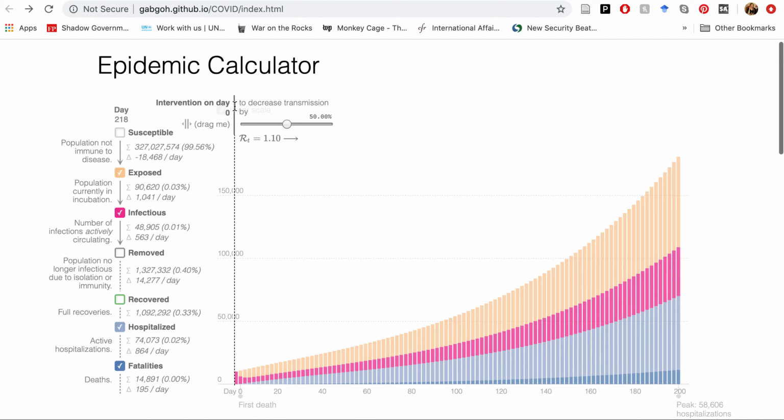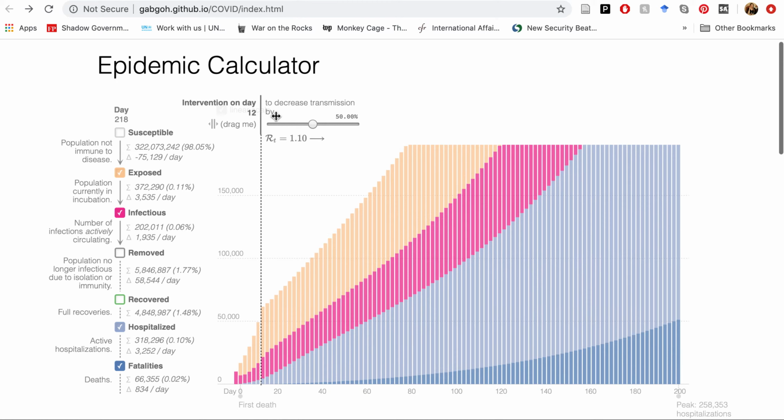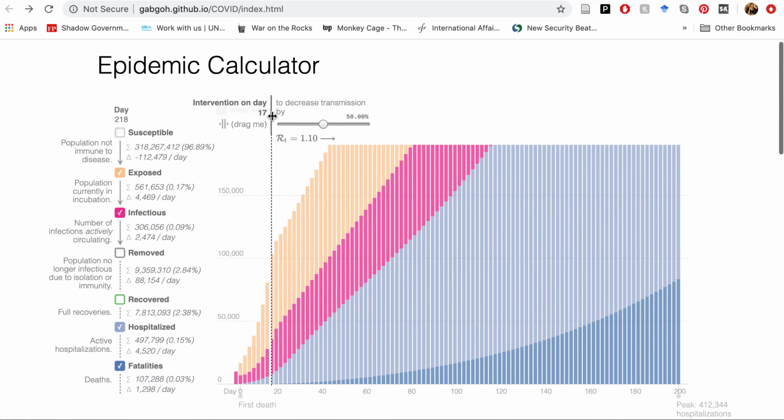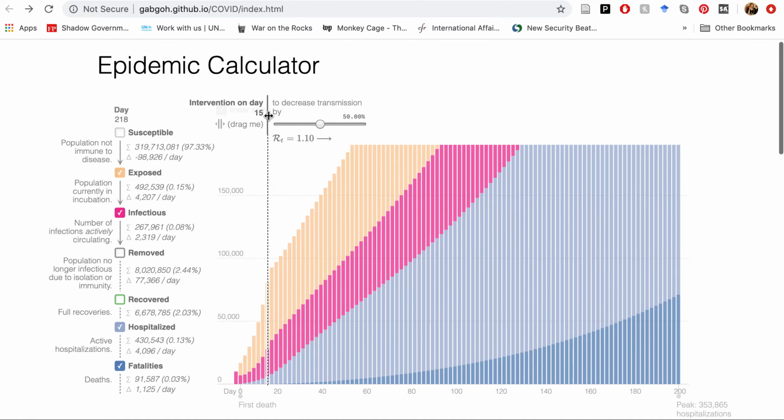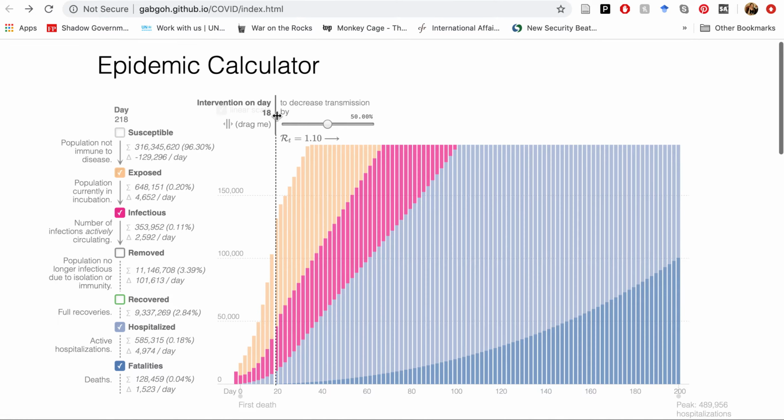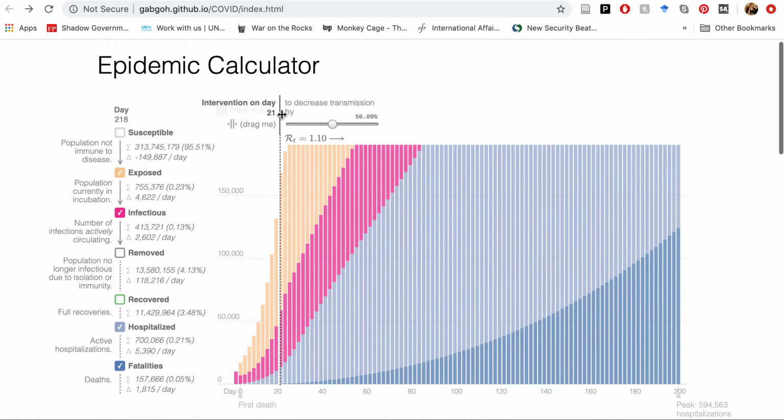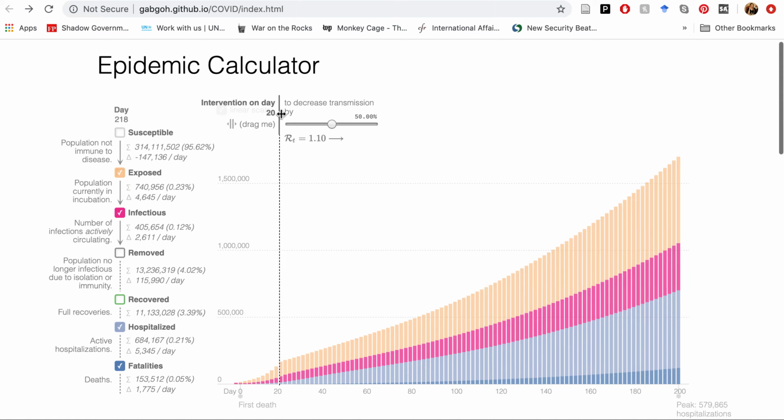So let's say, maybe our interventions right now are not that great overall as a country. And let's say, maybe in about 2 weeks, 3 weeks, we decide, oh, wow, we really need to up the ante here. And then we are able to decrease transmission by 50%.